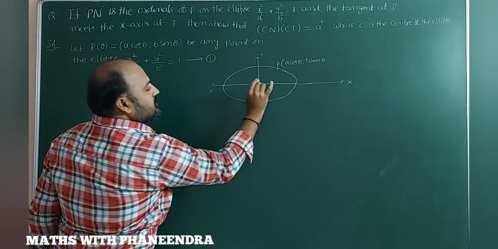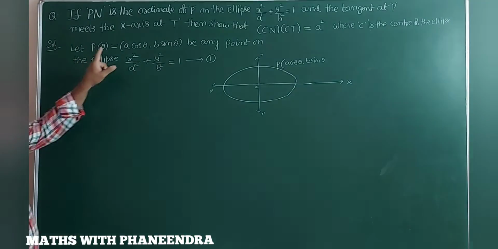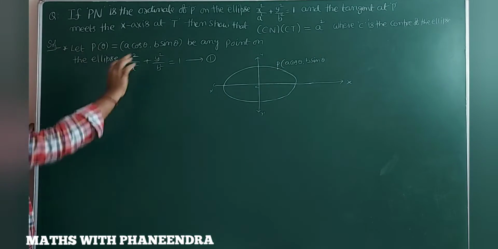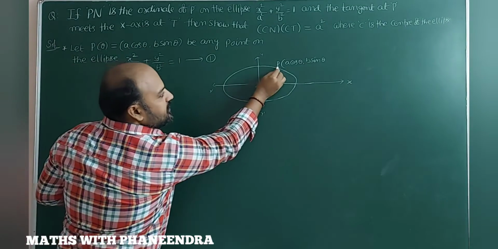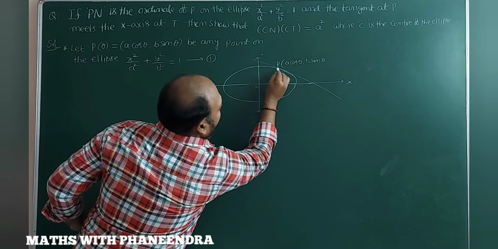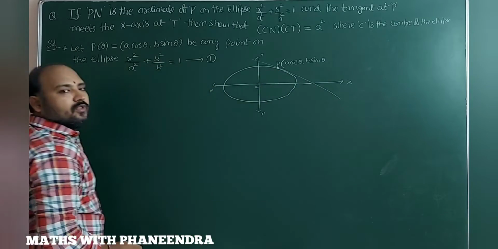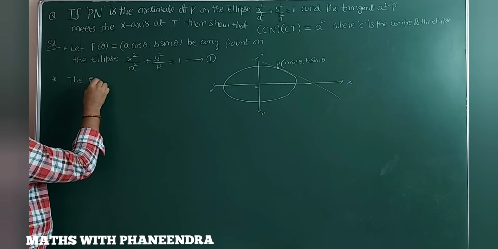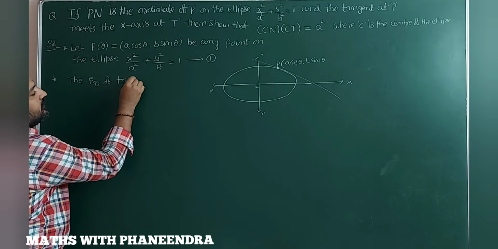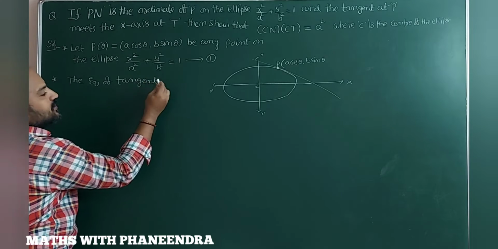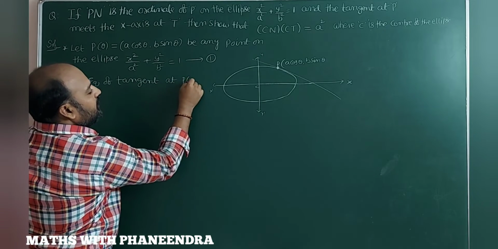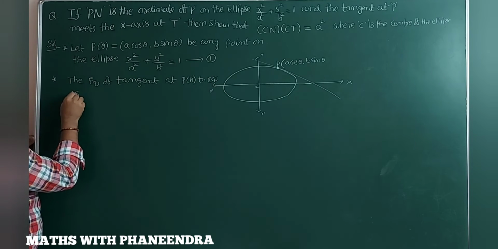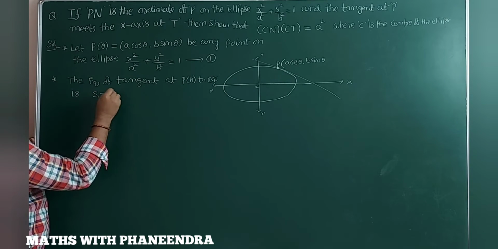So center. At P of theta, the tangent equation you have to draw. The equation of tangent at P of theta to equation 1 is S1 equal to 0 at P of theta.